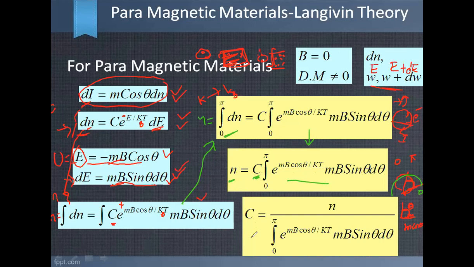I should get the c value by bringing all this into the denominator. So I need c here. To get c, n by, very good, n by this whole thing coming down: n by the integral from 0 to pi of e power mB cos theta by kT into mB sin theta d theta. So did c come? Okay, is it clear, my dear students? Is this slide clear?